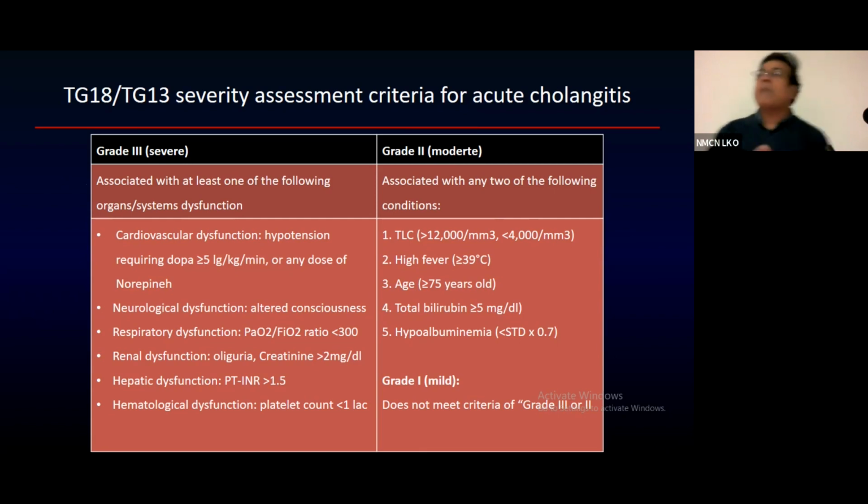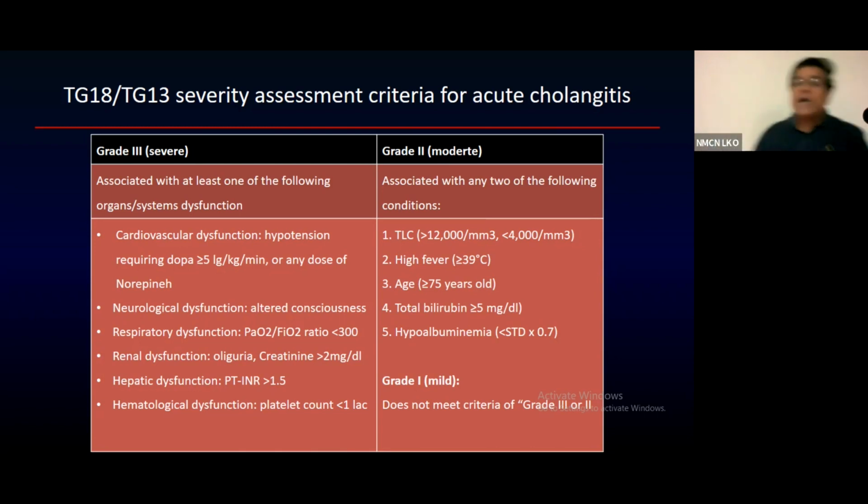Grade 3 is primarily cholangitis with any organ failure, maybe cardiovascular, neurological, respiratory, renal dysfunction, or hepatic dysfunction, defined by prothrombin time greater than 1.5, or hematological dysfunction with a platelet count less than 1 lakh. So simple parameters, very important to decide upon the organ dysfunction. If you have at least one organ dysfunction, say a patient of cholangitis with a prothrombin time of say 2, this patient has grade 3 cholangitis.